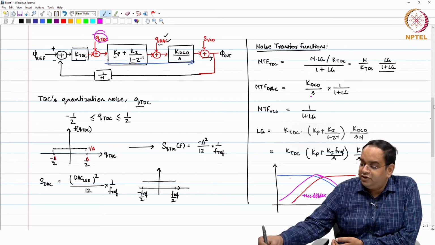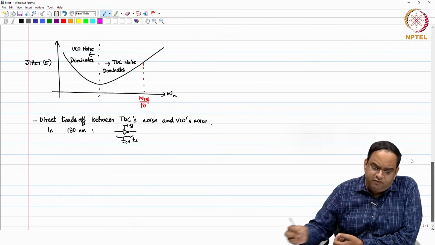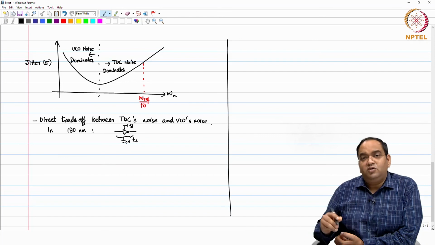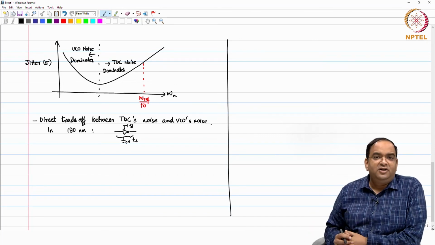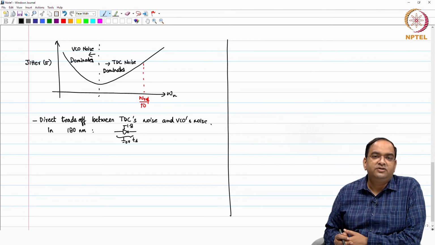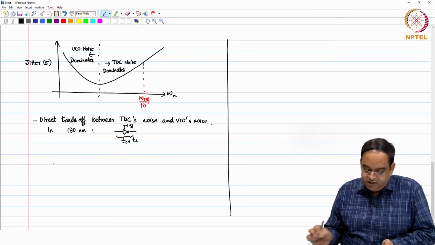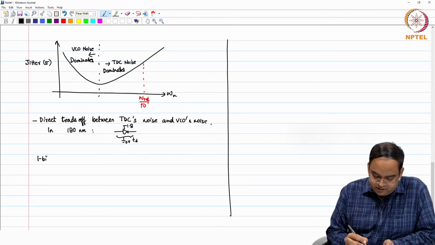So, this is a trade off which we have. The worst case among the TDCs is when you use a 1 bit TDC. 1 bit TDC means your quantization error is very high. So, what is a 1 bit TDC? Let me first explain it to you.